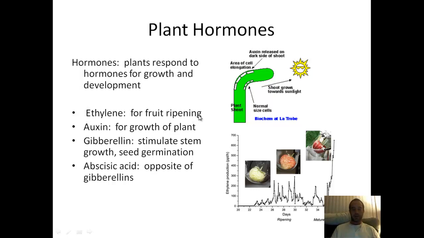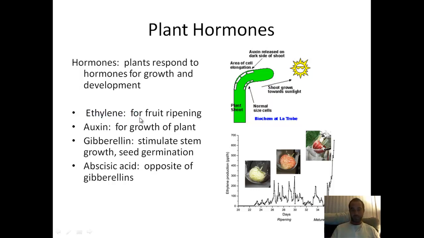So if you put all the fruits that you bought from, say, Trader Joe's, or let's say you went to Vons and you picked up some fruit, if you put them all in the same bag, some of those fruits are going to be gas releasers, and they're going to release ethylene into their environment.